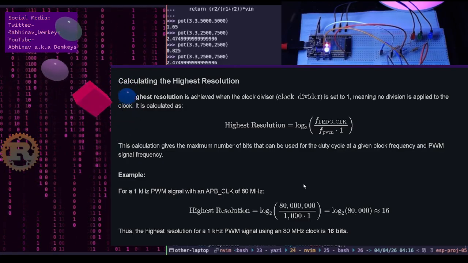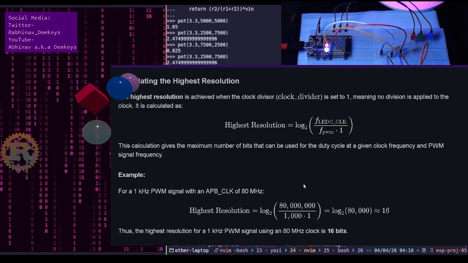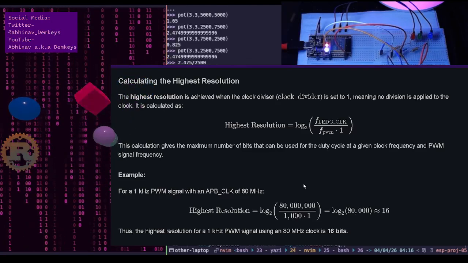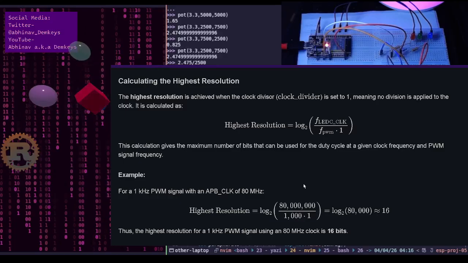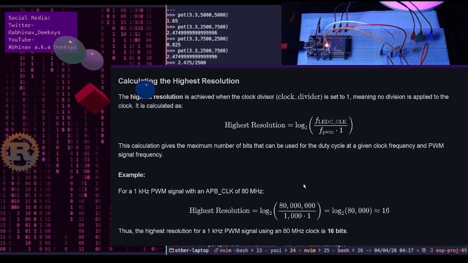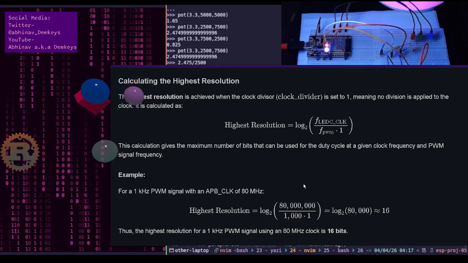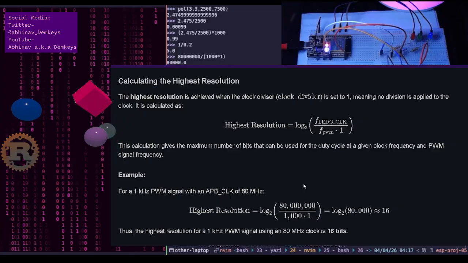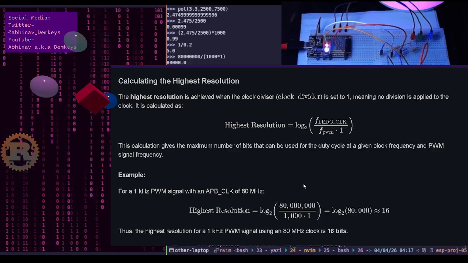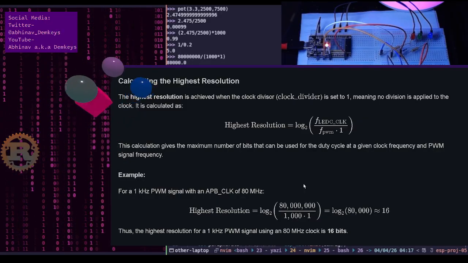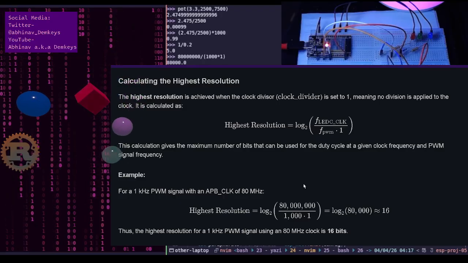Do we have log? We have log2. Log2 of 80,000. Math.log2 of 80,000 is 16. Okay, all right.